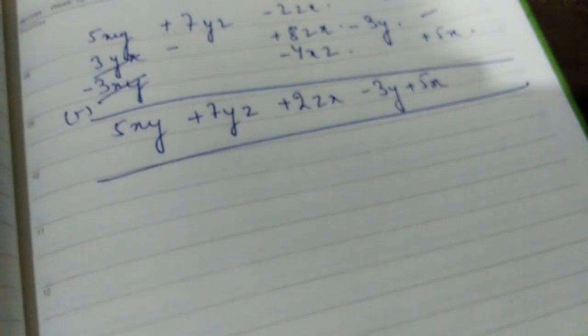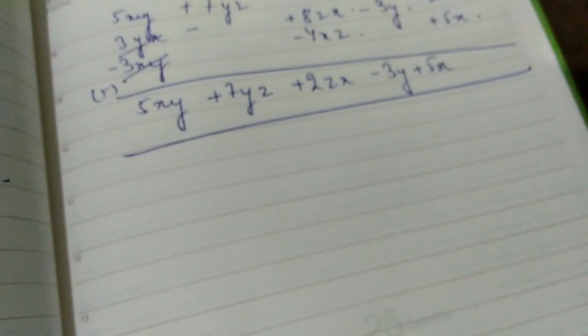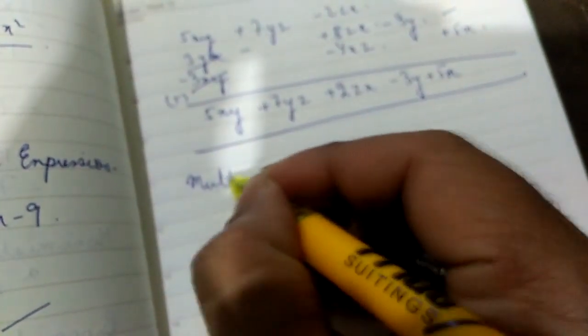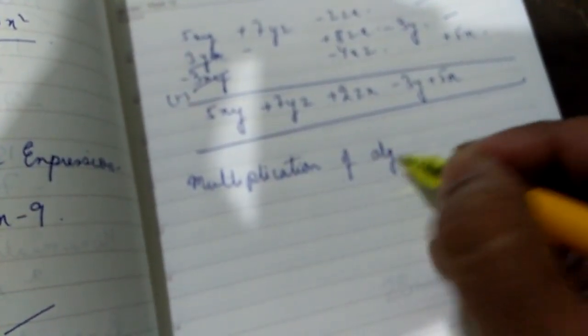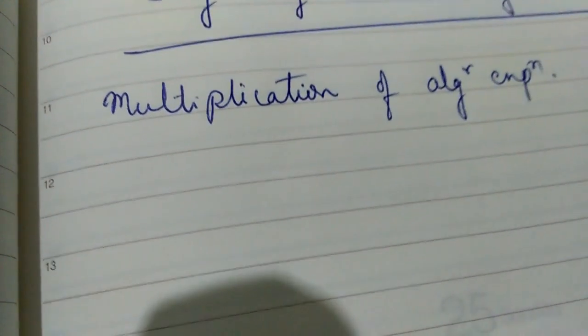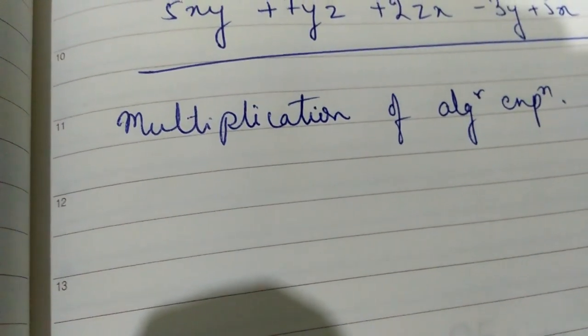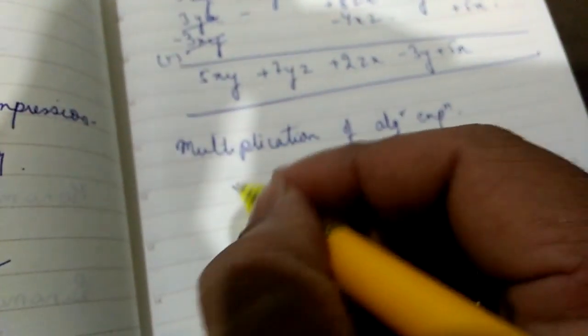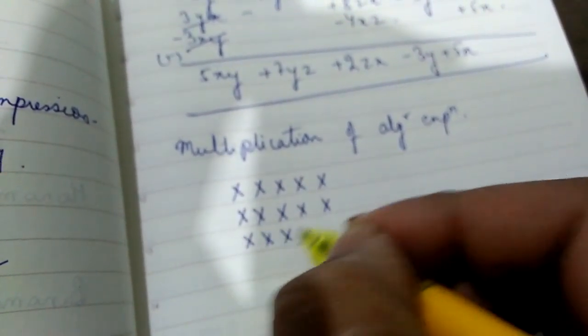The next topic in this particular discussion is multiplication of algebraic expressions. Let us draw a star pattern in order to understand things better. 1 2 3 4 5, 1 2 3 4 5, 1 2 3 4 5.